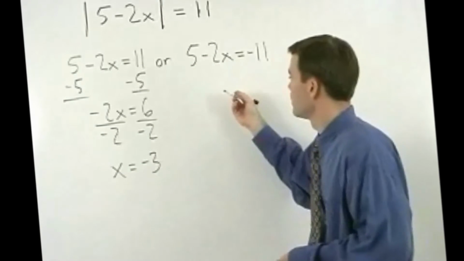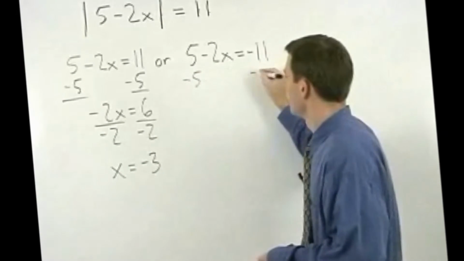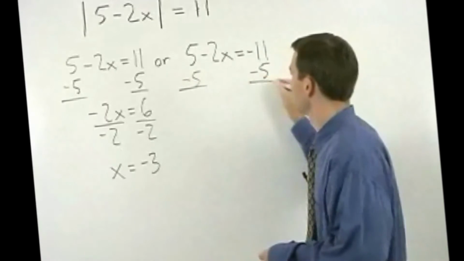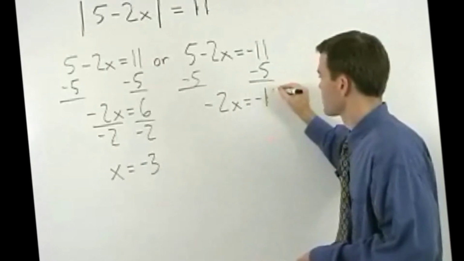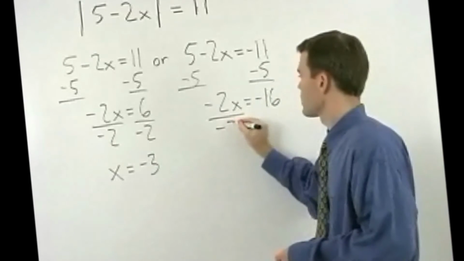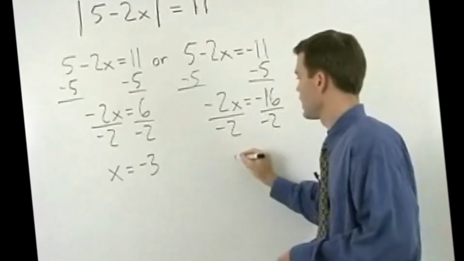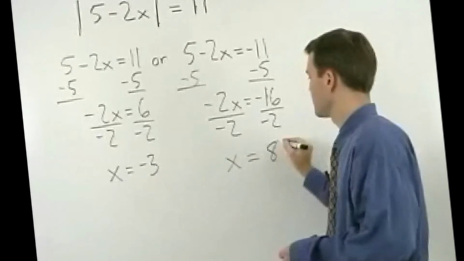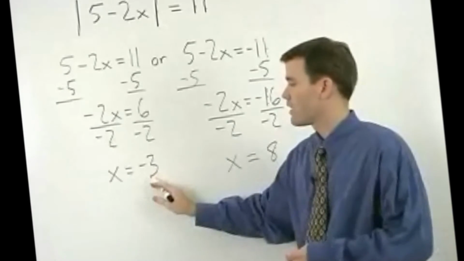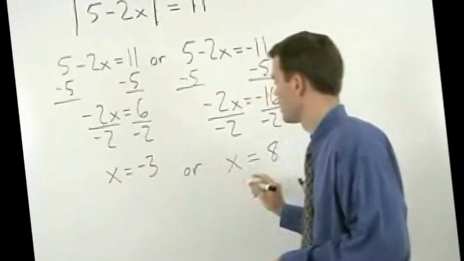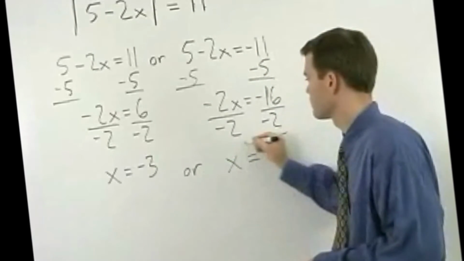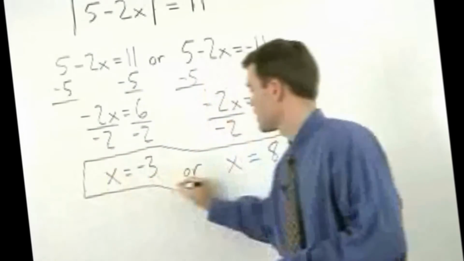On the right, we also subtract 5 from both sides to get negative 2x equals negative 16. Divide both sides by negative 2, and x equals 8. So we have x equals negative 3, or x equals 8. And that's our answer.